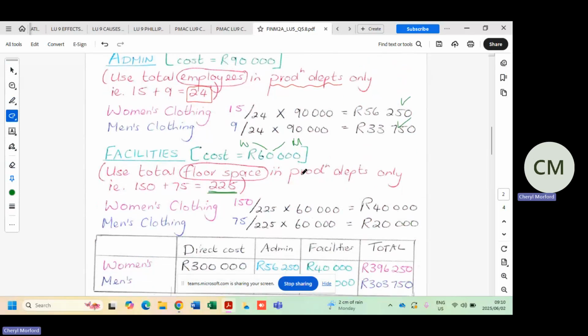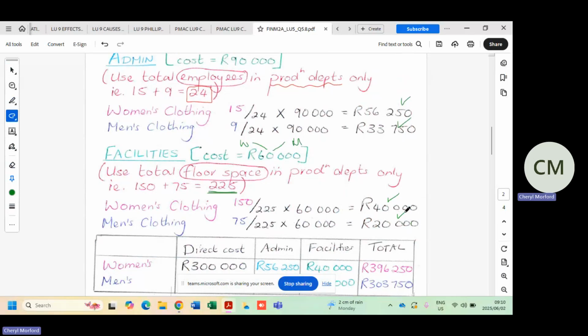So let's start with the women. 150 square meters out of 225 times the 60,000 gives me 40,000. The remaining 75 out of the total 225 times the 60,000 gives me the other 20,000. So that's it.